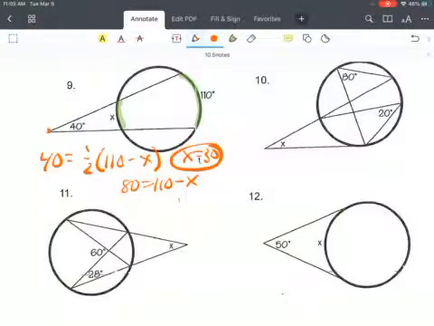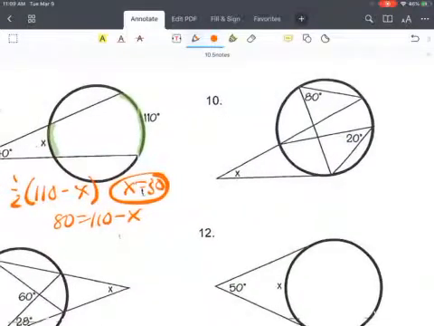A lot going on in number 10. First off, I'm going to look at the inscribed angle of 20, which corresponds to that arc. So I will make that arc 40 degrees. Next, I have an angle of 80, which corresponds to that arc, which makes that arc twice 80, which is 160.